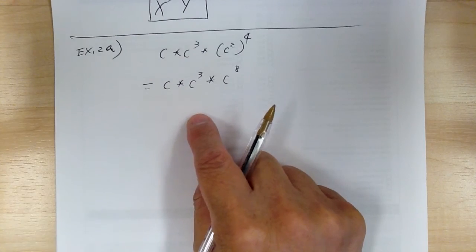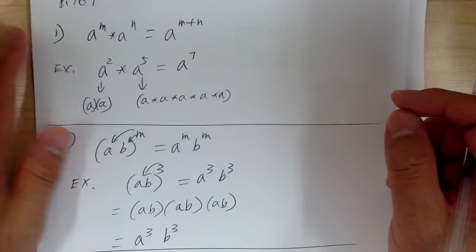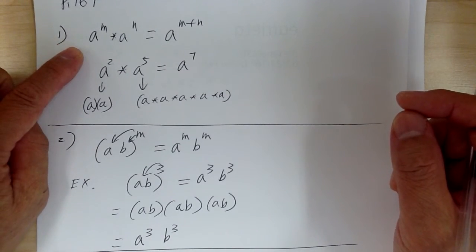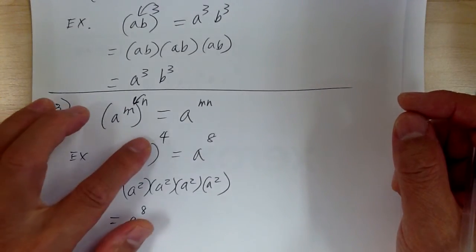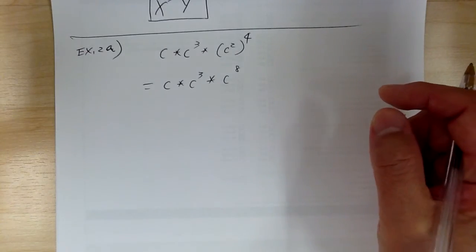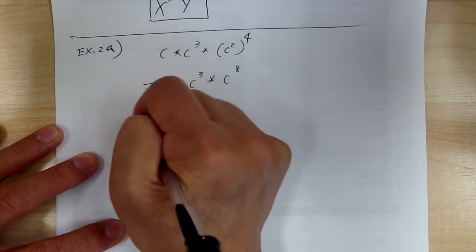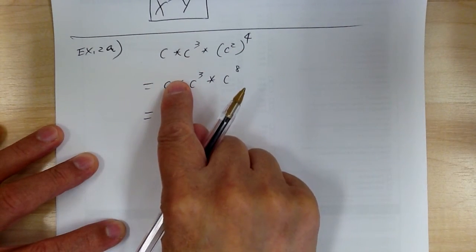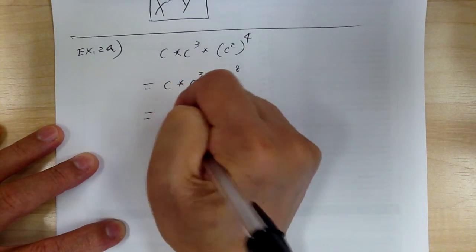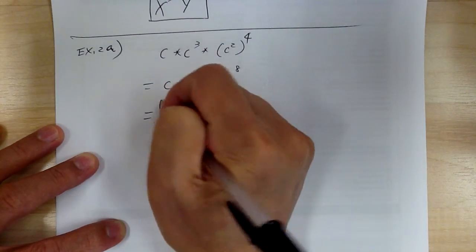So rule number 1 is the product rule, and number 3 is the power rule. So apply the power first, then you apply the product. Now, when there's no number, it means it's 1. So this will give you c to the 12, and that's it.